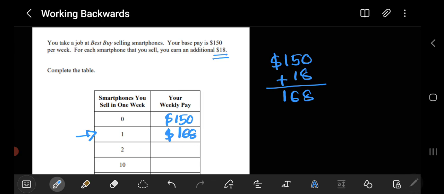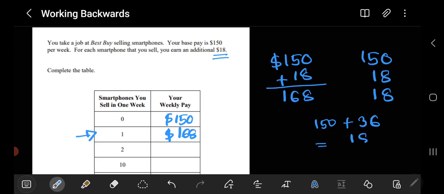If you sell two, you do 150 plus 18 and then another 18. So 18 twice is 36, plus that 150 gives you 186. So if you sell two, it will be 186.